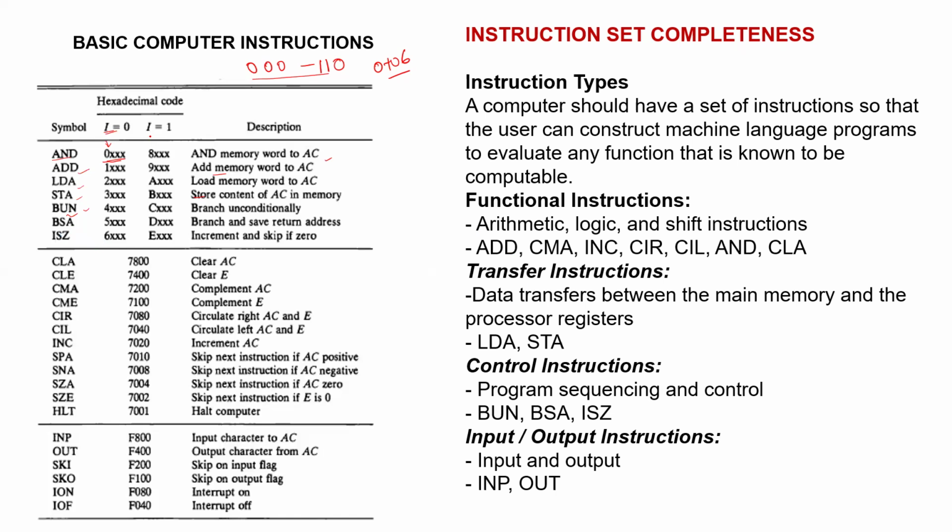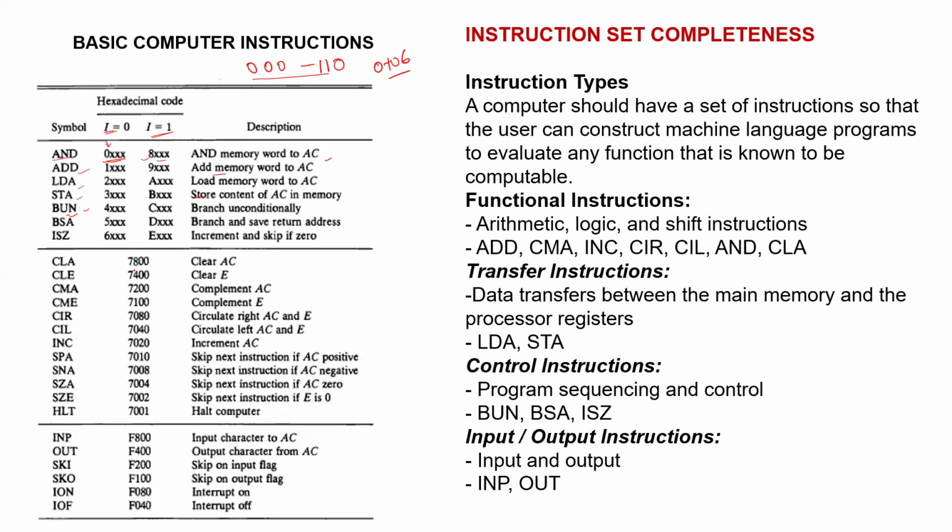Whereas in the case of indirect addressing mode, when we have I equal to 1, we have other combinations. That is 8, 9, and in hexadecimal, 10 is written as A, 11 as B, 12 as C, 13 as D, and 14 as E. So the MSB digits are in this format. Now the remaining 3 digits will have different combinations.